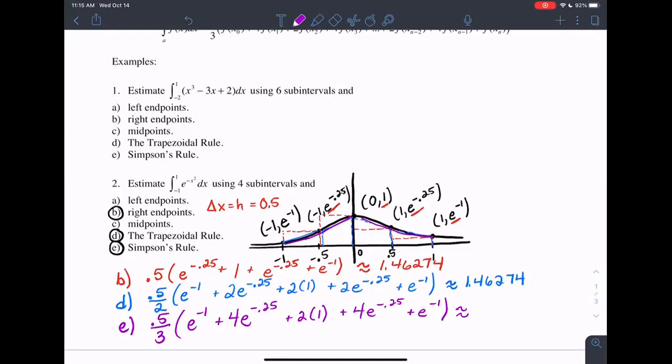So I should be able to enter that. And so I have 2 e to the minus 1, 8 e to the minus 0.25, and then divided by 3 instead.